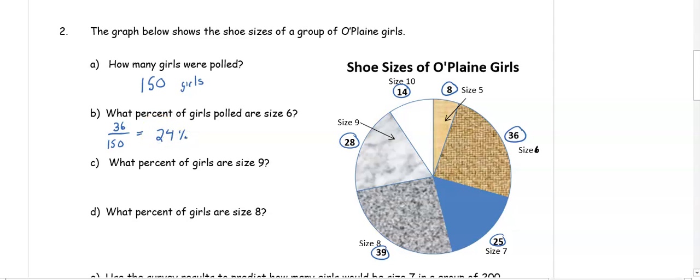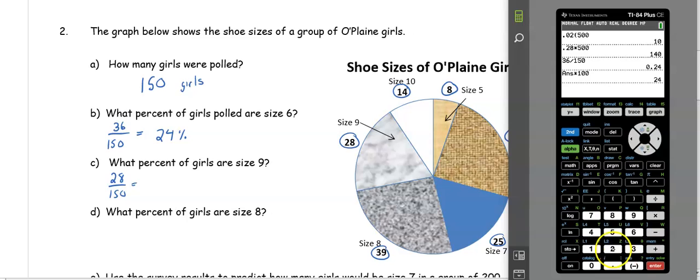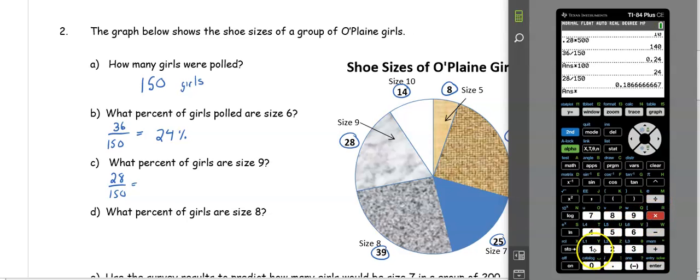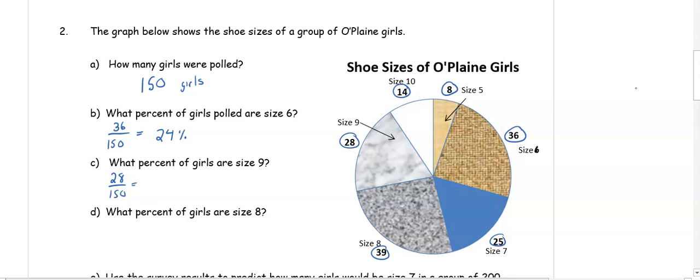The percent of girls with a shoe size of 9, there are 28 out of 150. So in our calculator, 28 divided by 150 times 100. Now this one has a decimal, so we'll just round to the nearest tenth. That 6 is telling us to round up to 18.7%.